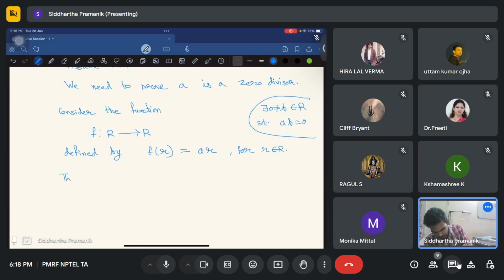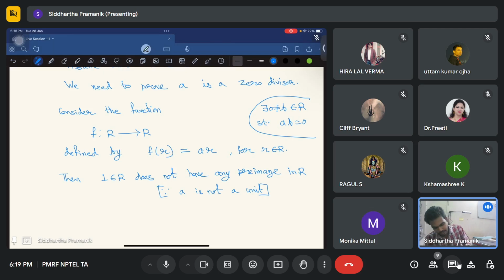So 1, which belongs to R, does not have any preimage in R because A is not a unit, right?